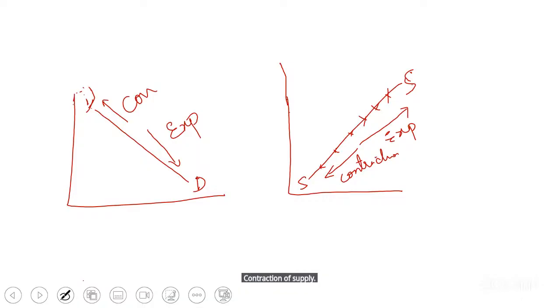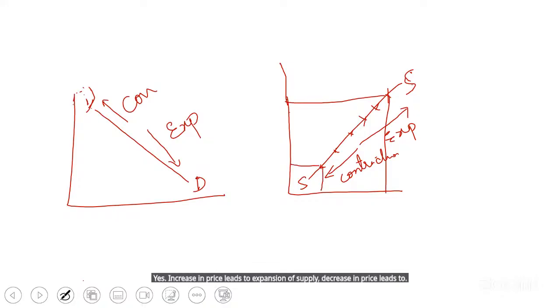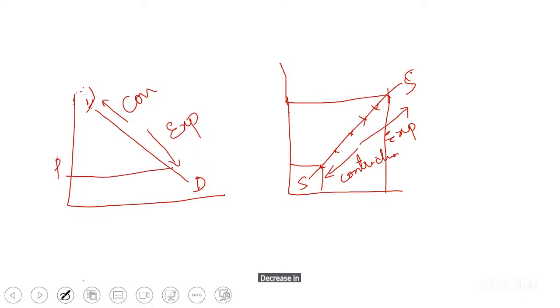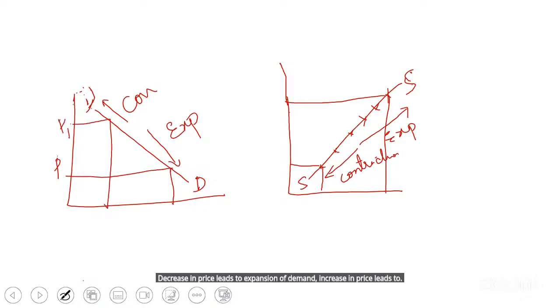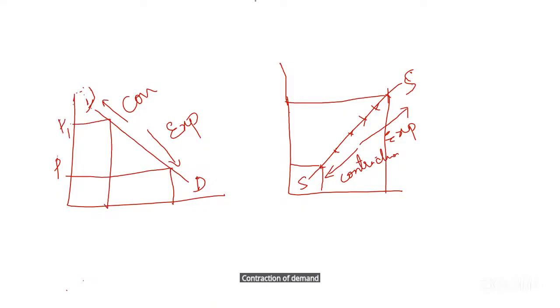What is the reason for expansion or contraction? Increase in price leads to expansion of supply. Decrease in price leads to contraction of supply. Here also price is the reason, but only thing is decrease in price leads to expansion of demand. Increase in price leads to contraction of demand. Are you able to understand?